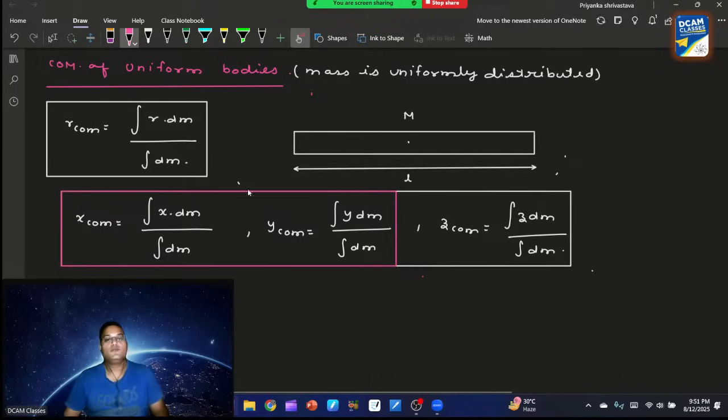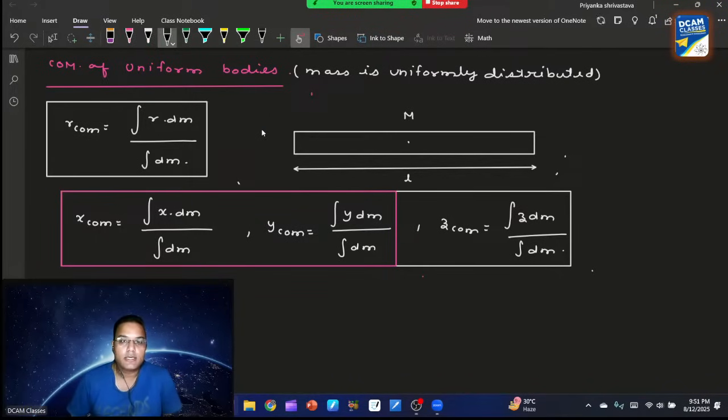You will use these formulas only when the mass is uniformly distributed. Why do we say mass is uniformly distributed in this case? Because this mass is distributed along the length. Some mass is here, some mass is here, some mass is here. We cannot pinpoint that the mass is situated at some point.